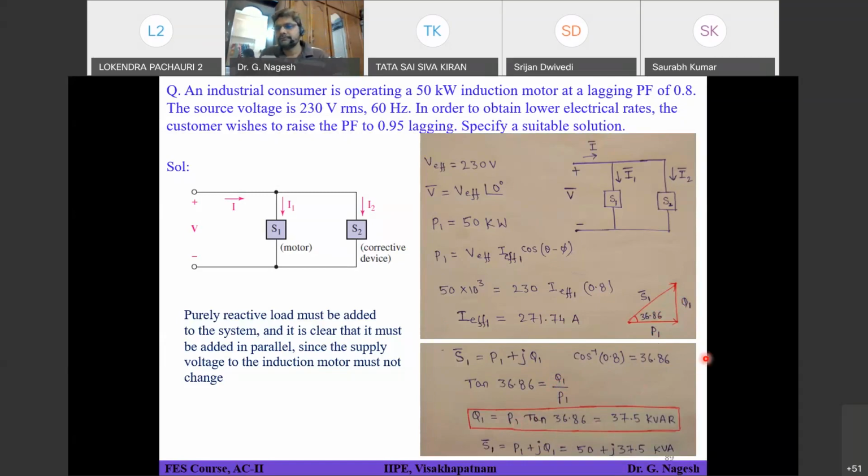Simply we are substituting from the power triangle. You know the theta value, you know P1, and you are finding Q1 using the tan theta formula. That's all. Is it clear? Yes, sir.